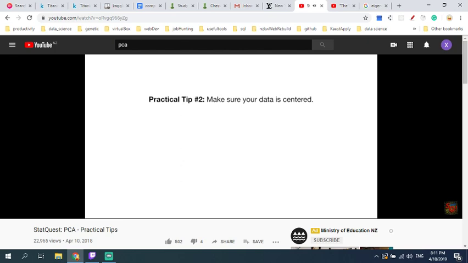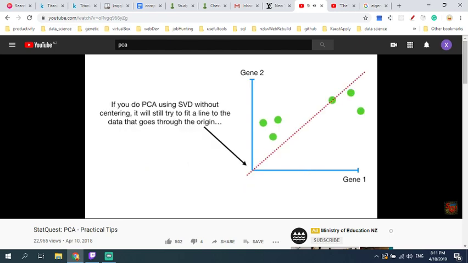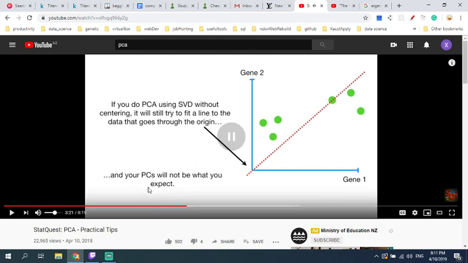Practical tip number 2. Make sure your data is centered. The very first step, centering the data, is an important one, but not every PCA program does this by default. If you do PCA using SVD without centering, it will still try to fit a line to the data that goes through the origin, and your PCs will not be what you expect.